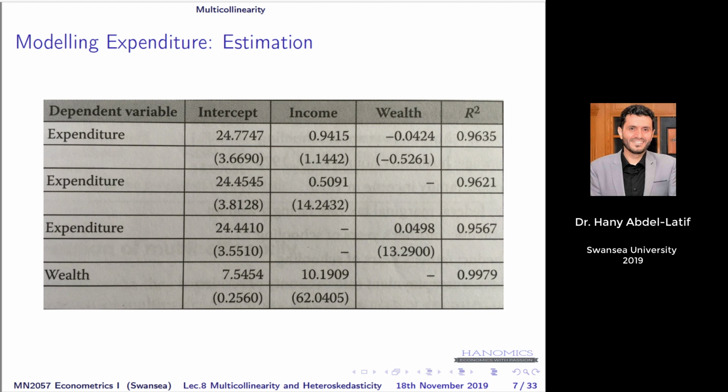So just out of curiosity, you could say, okay, what if I run a regression between wealth and income, to see if they are actually correlated or not. And that's the last one. So wealth is the dependent variable. Income is your independent variable. And when you look at the t statistic, it's 62.